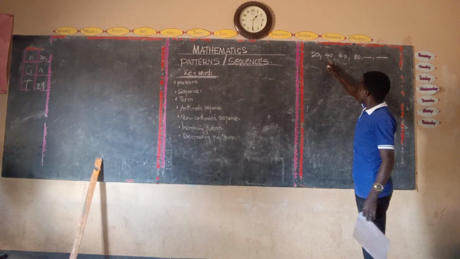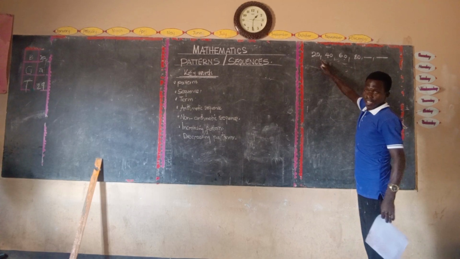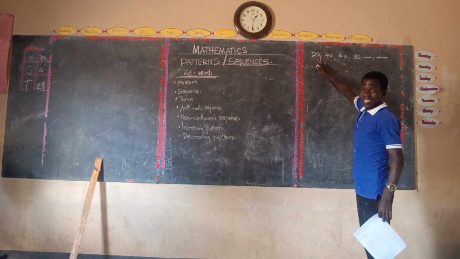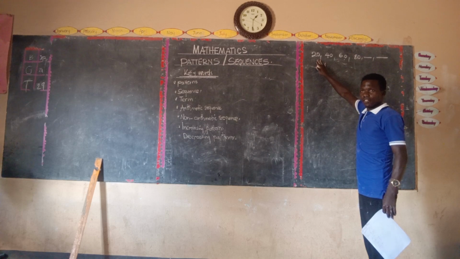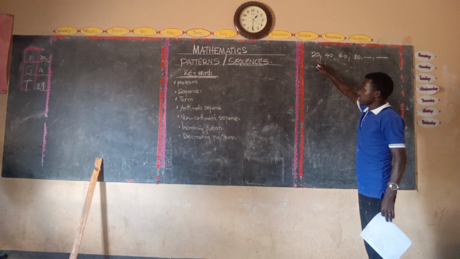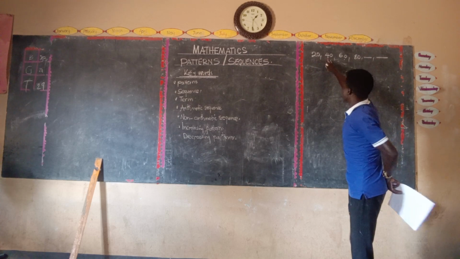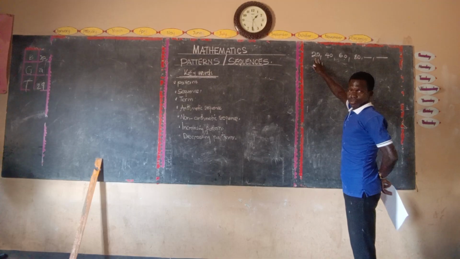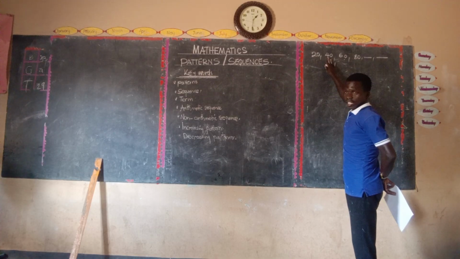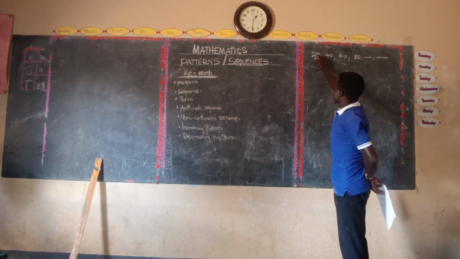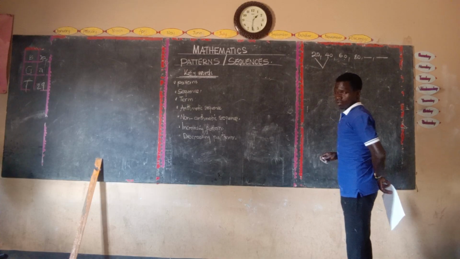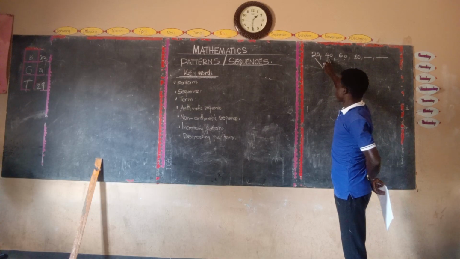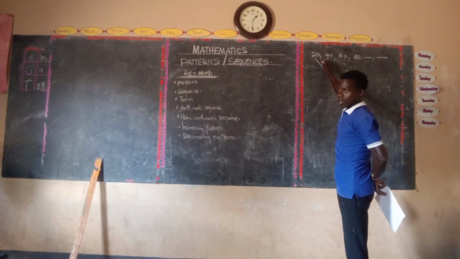When you look at these numbers, they are following the order or the rules. For example, when you look at 20 and 40, there's something that has been done to 20 to get 40. To know that thing, we need to carry out either subtraction or addition.